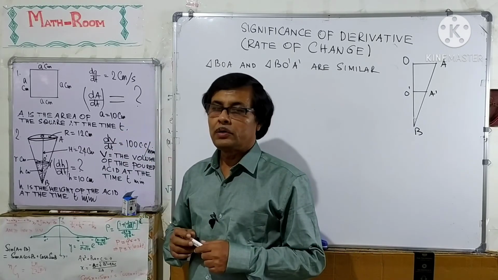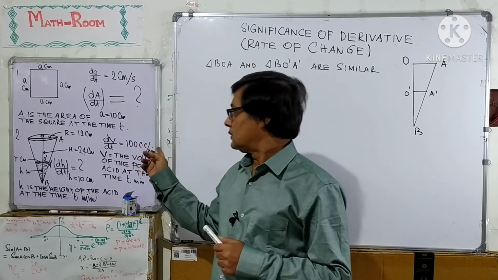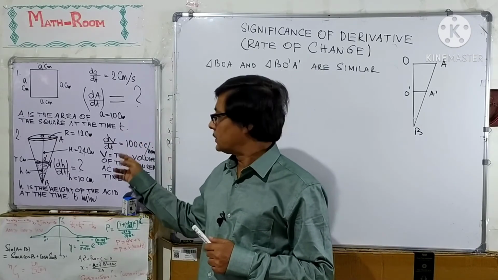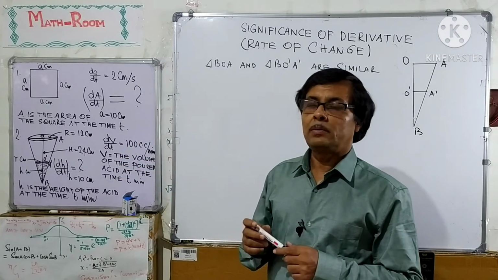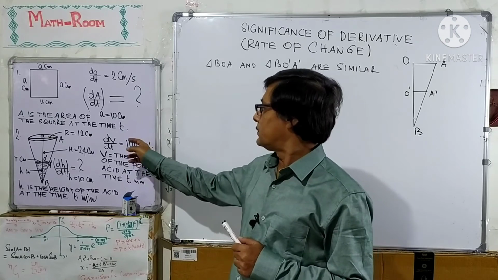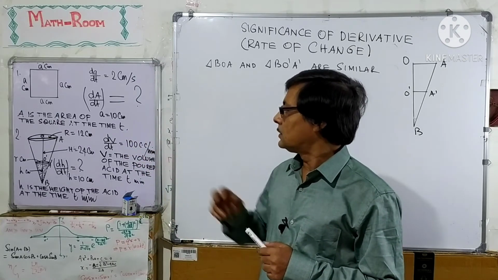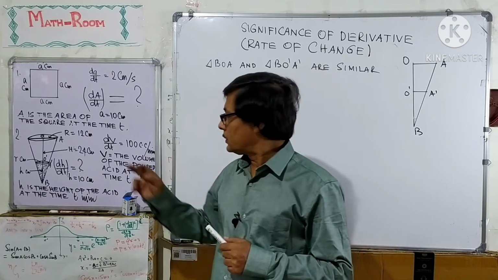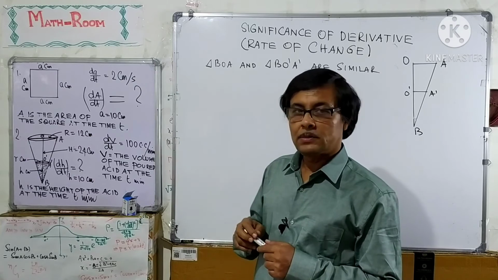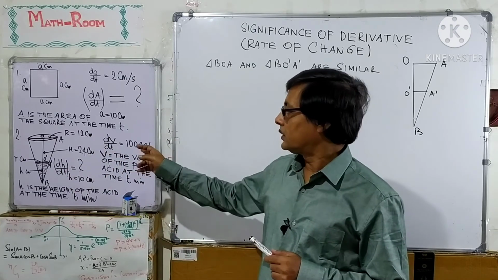This pot is filled with some liquid acid to some extent, and the rate of change of the volume of the liquid acid with respect to time t is given as 100 cc per minute. We have to find the rate of change of the height of the poured acid with respect to time t.